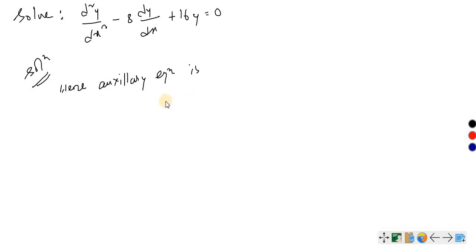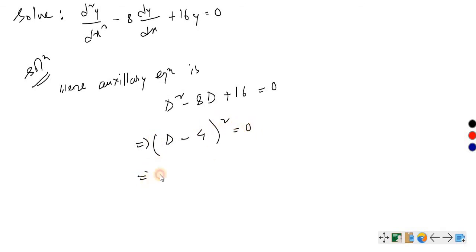I think you can understand here, it is D² minus 8D plus 16, and this is equal to 0. If you simply solve, you will get the whole thing squared, that is (D minus 4)² equals 0.